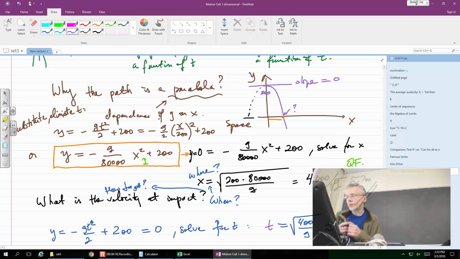I just want you to see that the problem is important, but at the same time it is extremely simplified. Not only because of the air resistance that we ignore, but also the scope of the situations is limited.